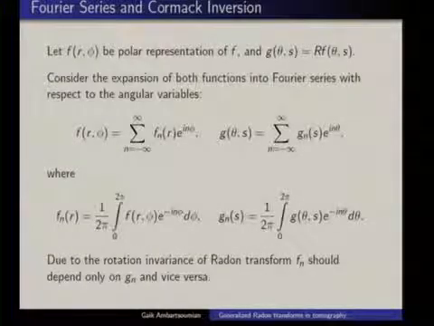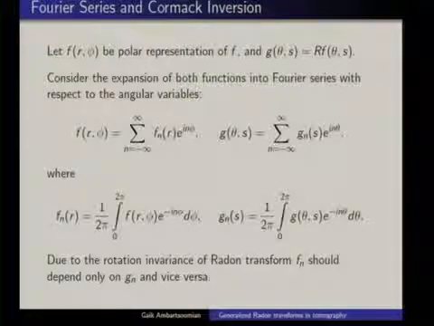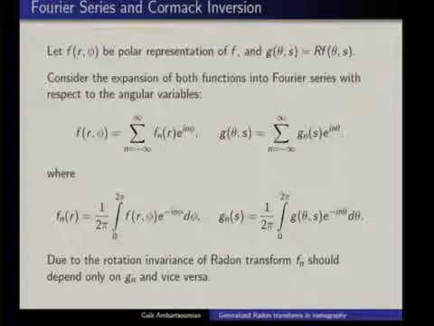So the next thing that I want to talk about is another way to invert the Radon transform, and this is related to the rotation invariance and the use of Fourier series. So here's what I'm going to do. Again, I'll assume that my function f is supported in the unit disk. But instead of using Cartesian coordinates, I'm going to use polar coordinates.